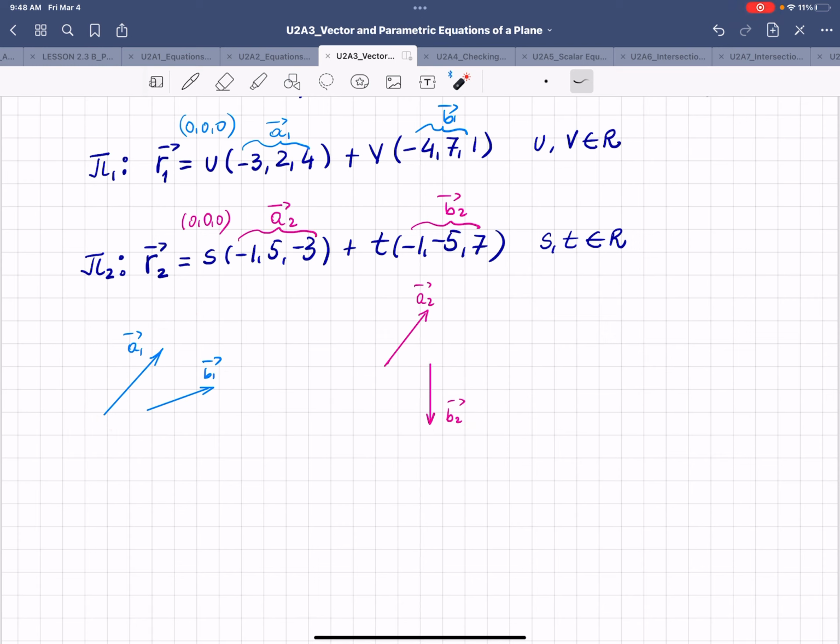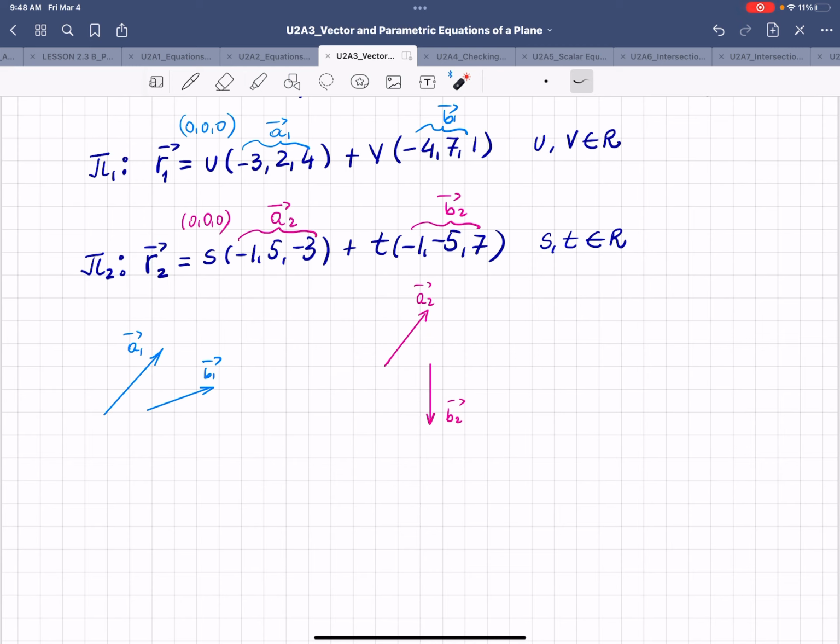And similarly, we can prove that A1 lies on the same plane as A2, B2, or B1 lies on the same plane as A2, B2. Because if this is right, then A1 will follow B1, right?